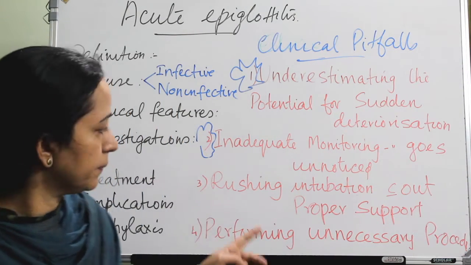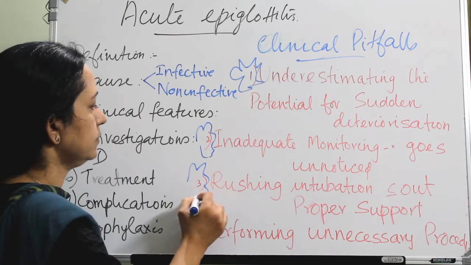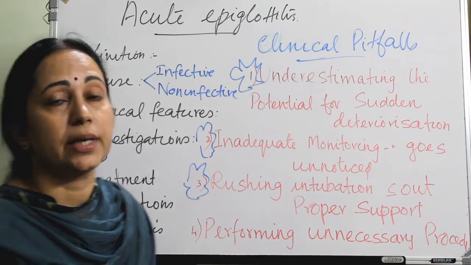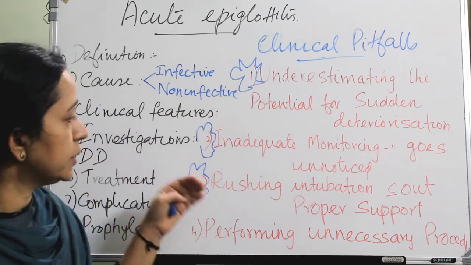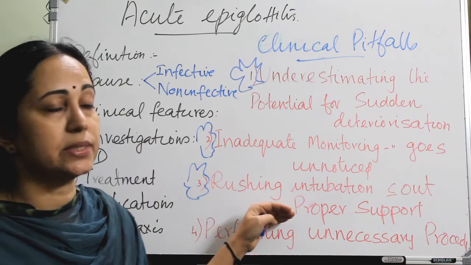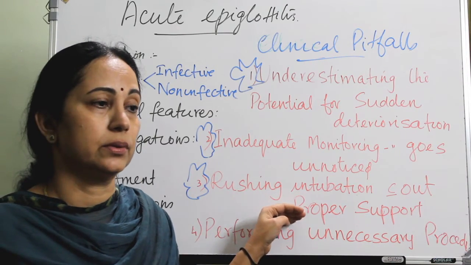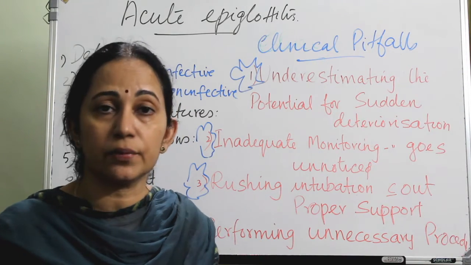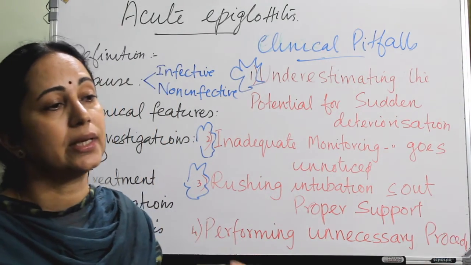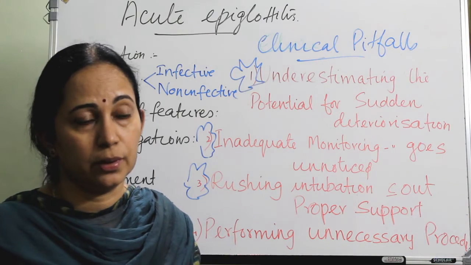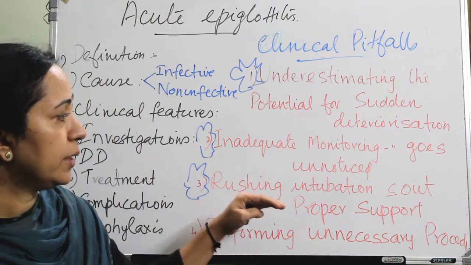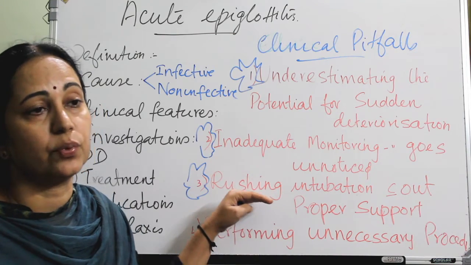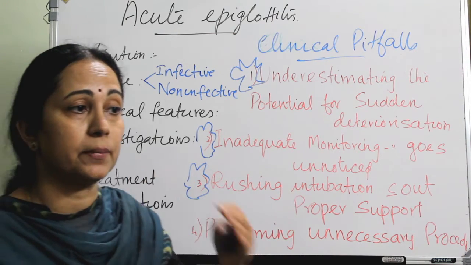Don't try to become a hero. Never attempt an intubation without proper support. Ideally, an anesthetist with an adequate staff nurse should be there at the time of intubation, and all the instruments should be available near the bedside. The intubation will not be as easy as you think in case of acute epiglottitis.